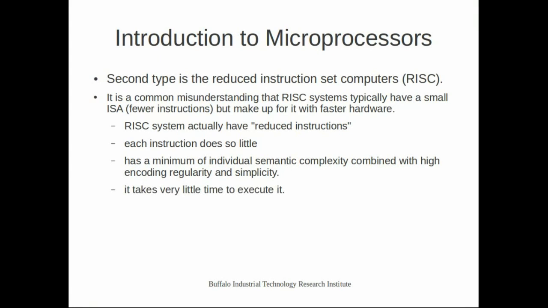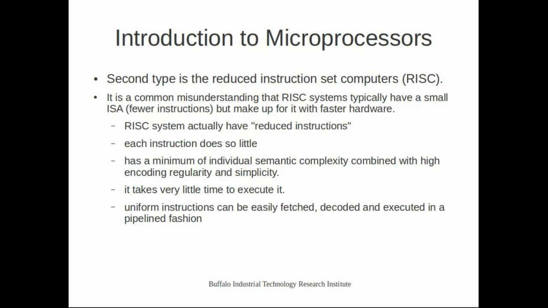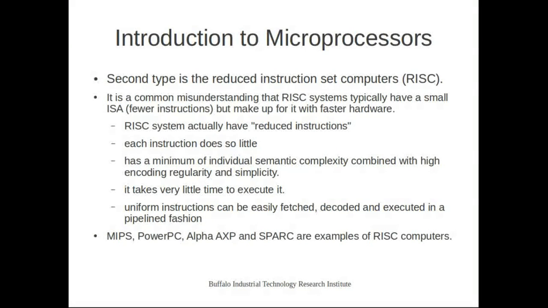It took very little time to execute, as it does very little, and the instructions were uniform, hence they can be easily fetched, decoded and executed in a pipeline fashion. This resulted in faster throughput and more optimization in implementing the set of reduced instructions in hardware. MIPS, PowerPC, Alpha XP and Spark are examples of RISC computers.